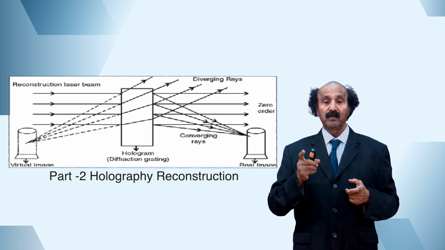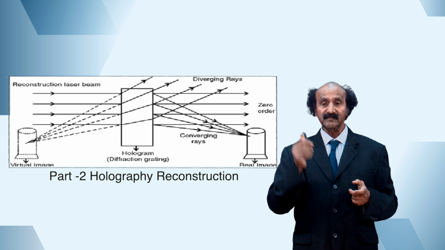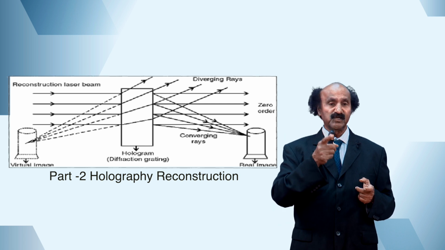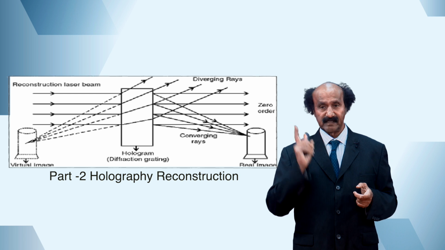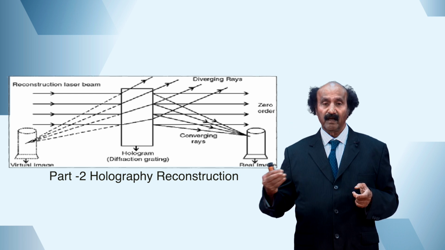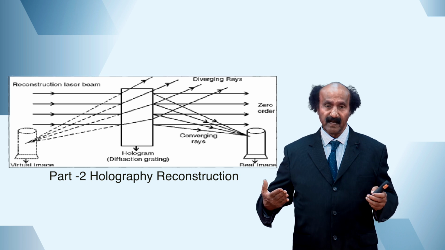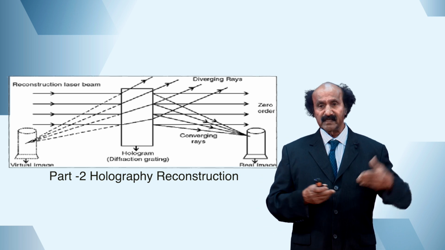diagram. You stand the processed plate in the same place where it was kept in step 1. That is done now. Then shine the laser beam. See, in the construction I sent the laser beam like this. You can do it in the same fashion, or you can send it the other way.